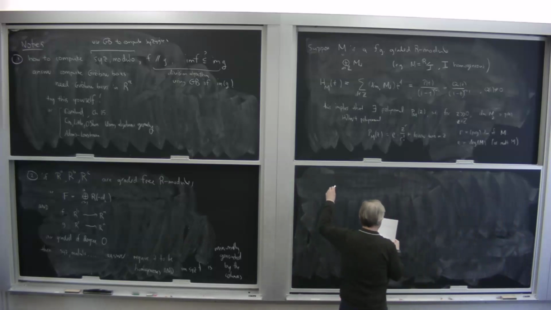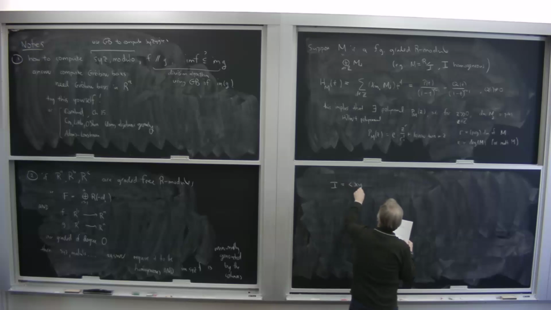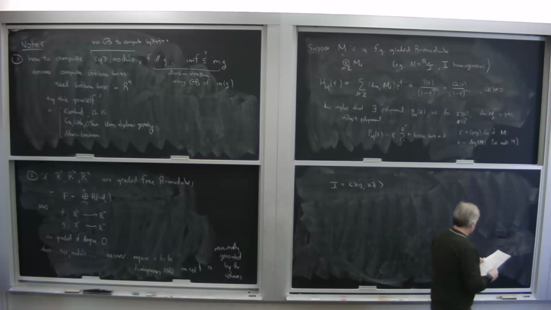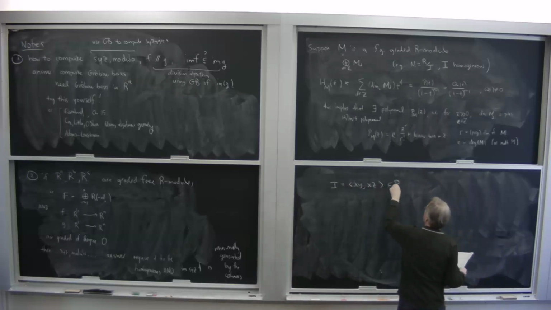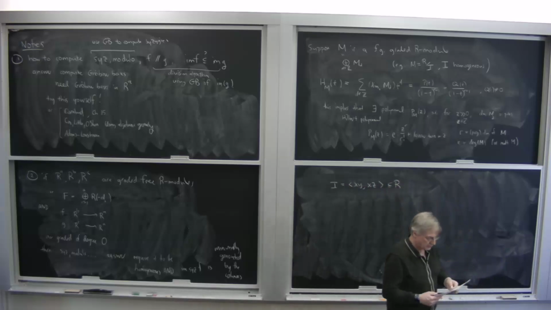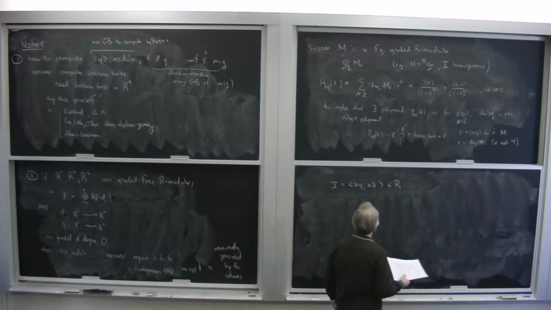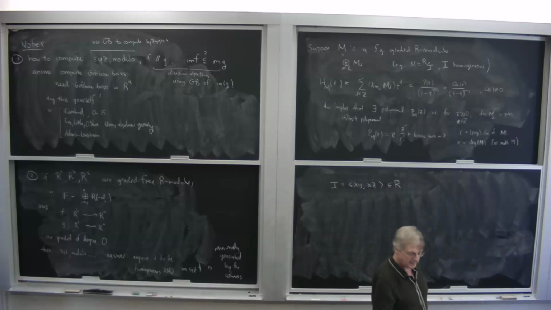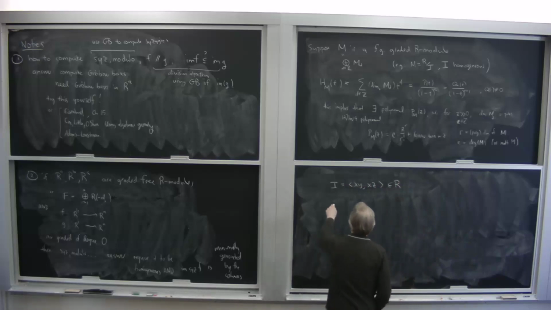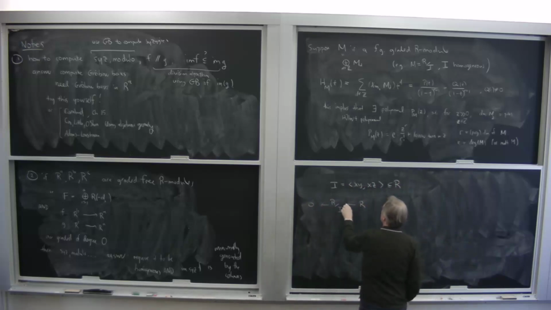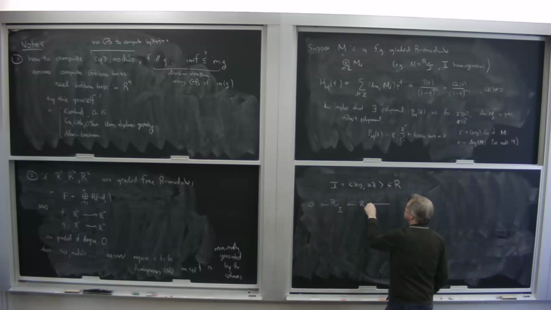So the idea is we have this ideal I, which is generated by two elements, xy and xz, in three variables. I'll just write R. And then we have a handful of things we want to do with it. First is to find the graded free resolution. So here it is, R mod I, R0, R. What's the next step going to be?